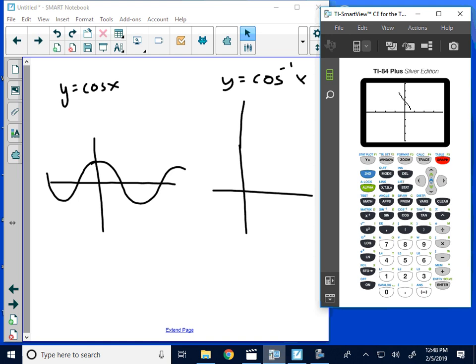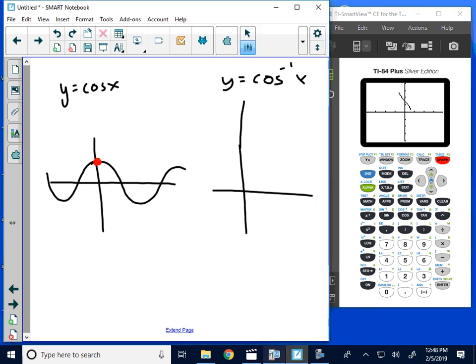So what we're going to do is restrict this cosine from here to here, just like that. That's the standard restriction. So we'll take away that part of the wave and that part of the wave. Now this red section is in fact 1 to 1. And let's see, this is pi. You might want to verify that.